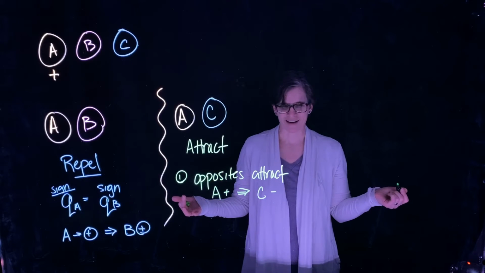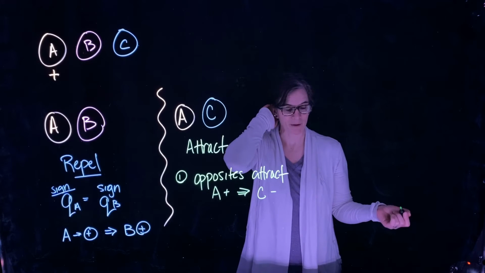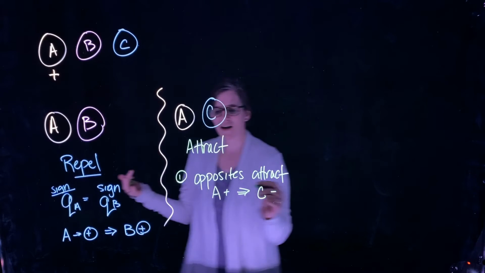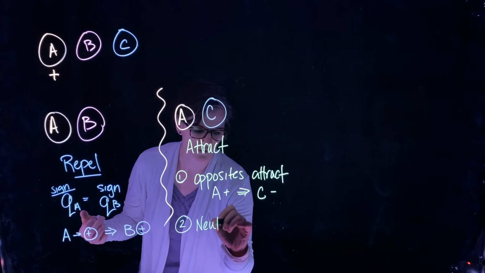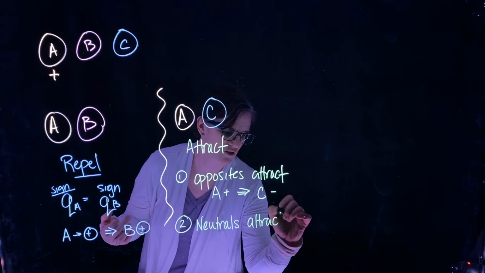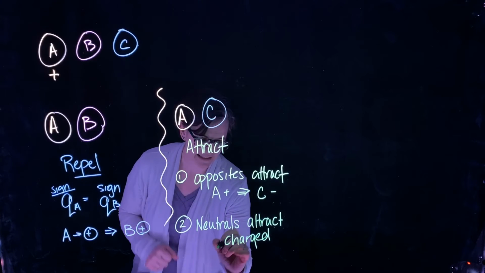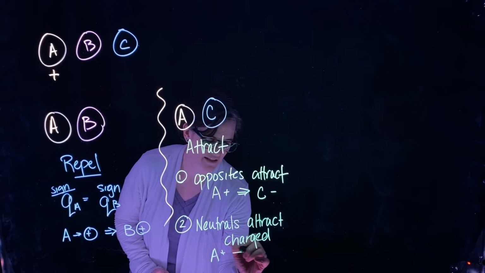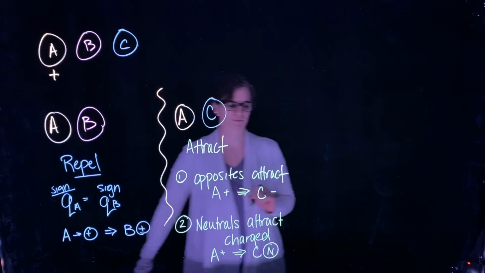But something else attracts to charged particles, positively charged particles: neutral particles. So another possibility is that neutral attract charged. Since A is positive, this would imply that C was neutral.